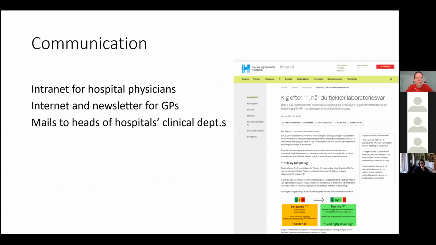As Nathalie also stressed, communication is of course a big part of this implementation, and communication even with the regional communication department is not always easy, but we managed to get some news out, which was pushed out to all intranets of the different hospitals in the region about this new I. We also have information available on our internet homepages, which can be seen by general practitioners, and have used our newsletter systems for general practitioners.